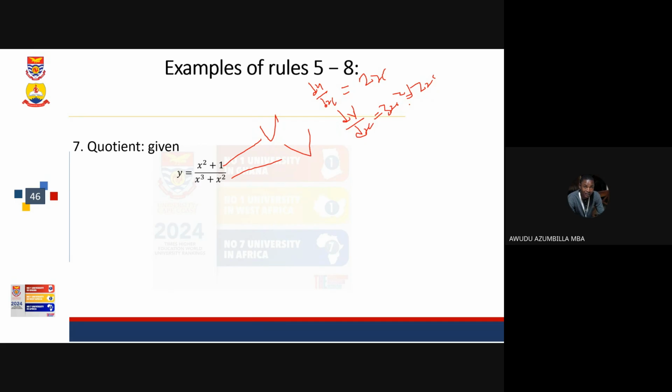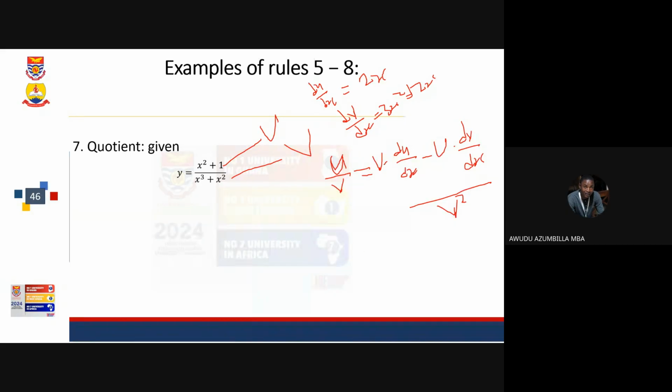Now, the formula says that if you have u over v, then you hold v constant and differentiate u over dx. Then you subtract: now we are differentiating v, multiplying u, over dx. Then you divide the whole of this by v squared.